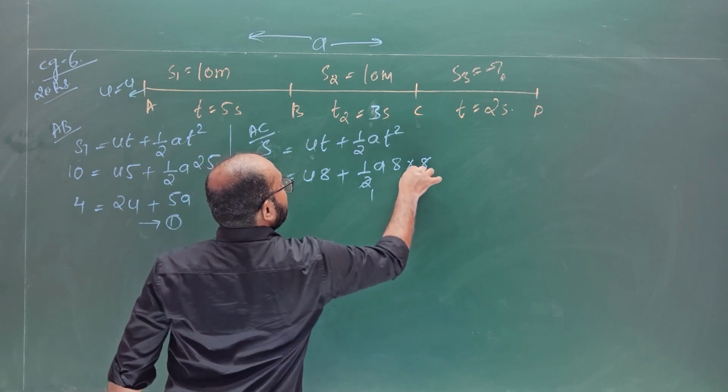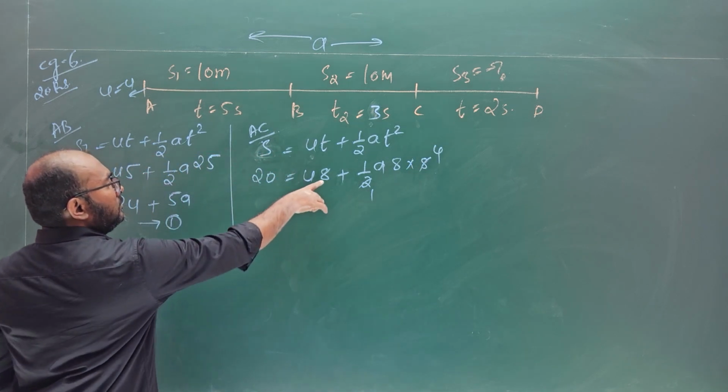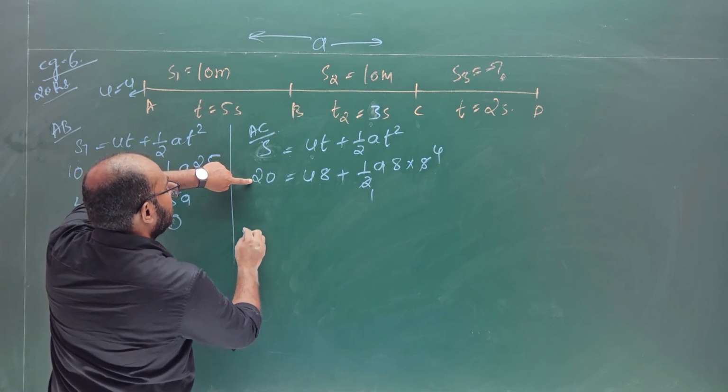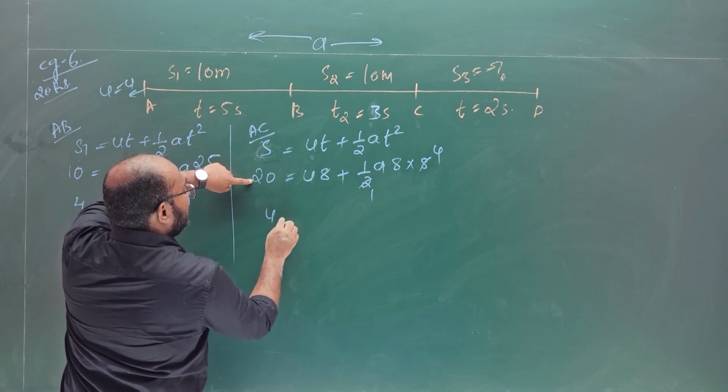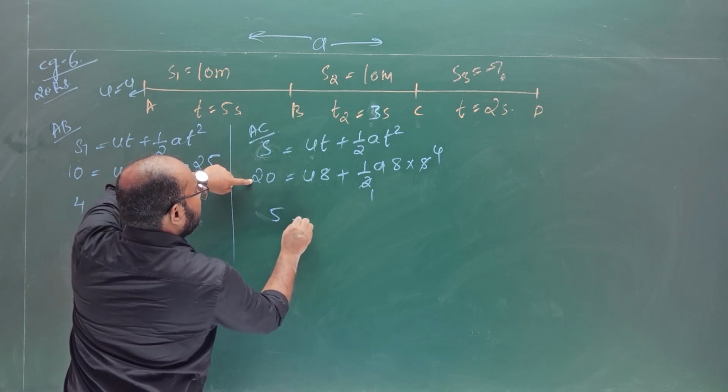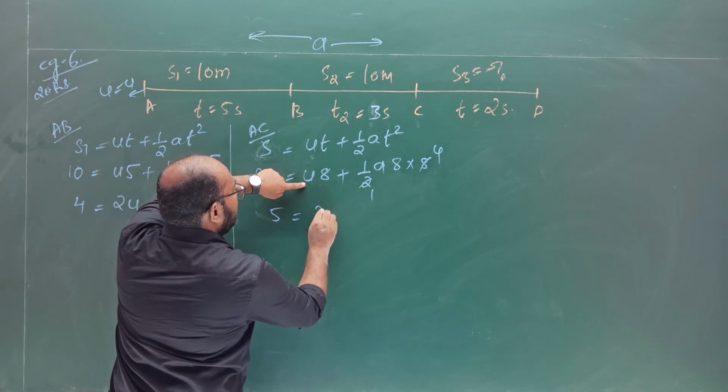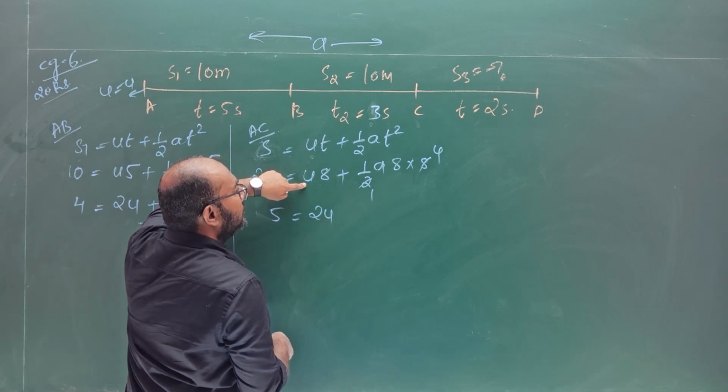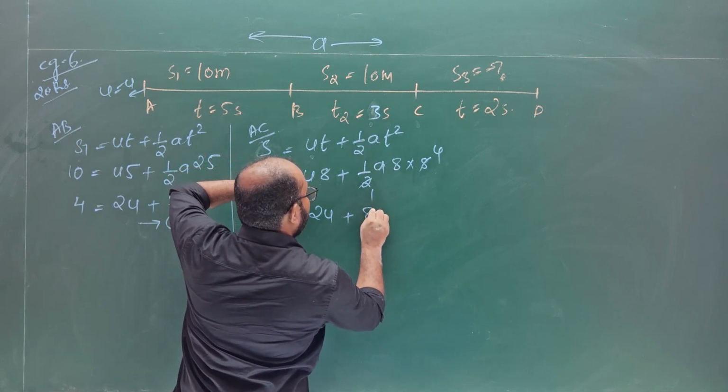So once 4, now 4 5s means 4. 5 is equal to, this becomes 2u plus 8a.